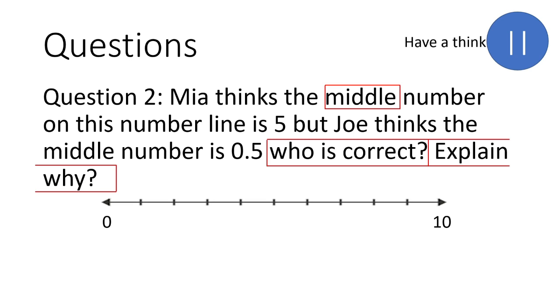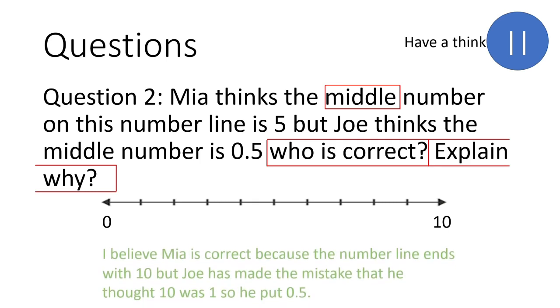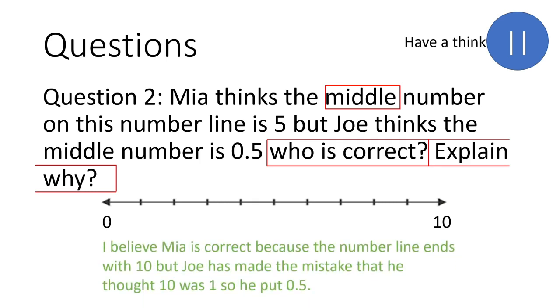So it's 5. And that links up to Mia's answer. So let's say I believe that Mia is correct because the number line ends with 10, but Joe has made the mistake that he has thought 10 was 1, so he put 0.5. This is why you need to be careful in maths as well. This answer is just in the middle, so it's just right. You don't want to go too complex or too simple. You just want it in the middle, which is what this answer is.